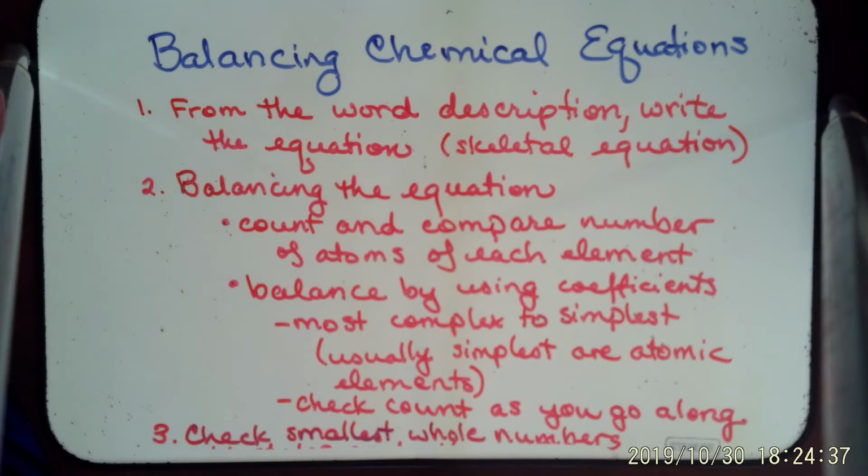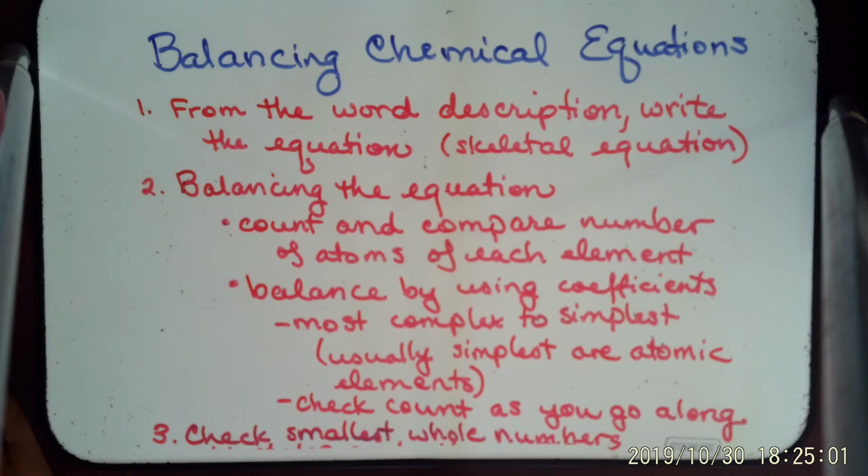Because like I said previously, when you're looking at your simplest elements, oftentimes a change in that coefficient doesn't affect changing all the coefficients in your equation. So just be aware there is an order to it, but you can start from the simplest and go to the most complex. You should still be able to get a balanced equation.